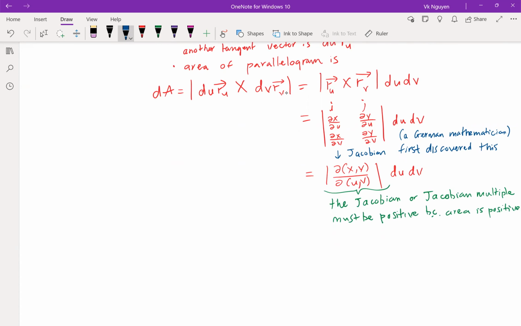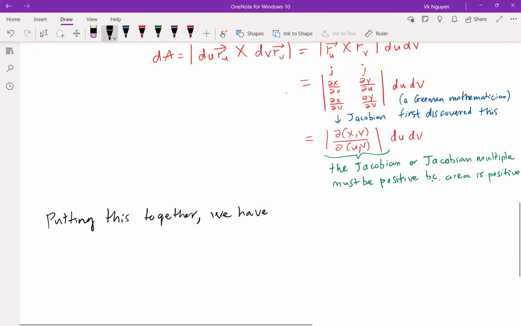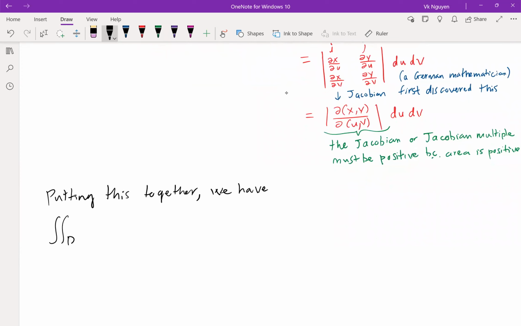Putting this all together, we have the double integral over the region D of f(x,y) dA is equal to the double integral over the region S of f(x(u,v), y(u,v)) times the Jacobian.